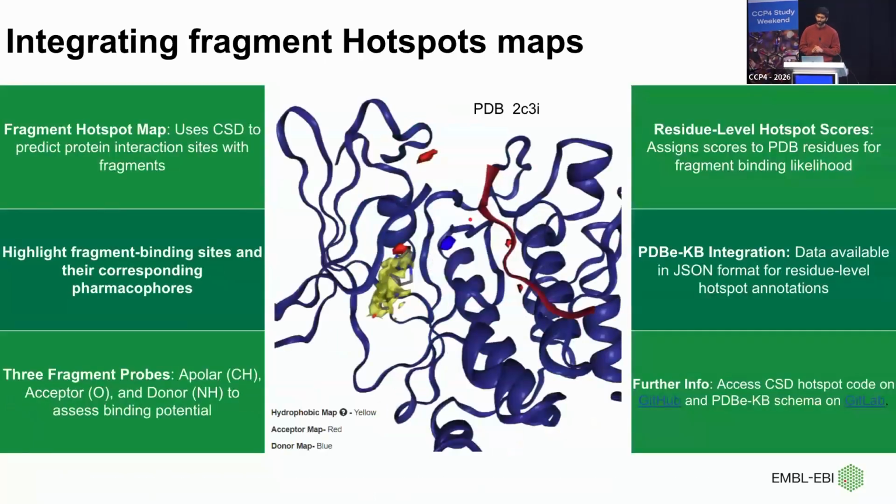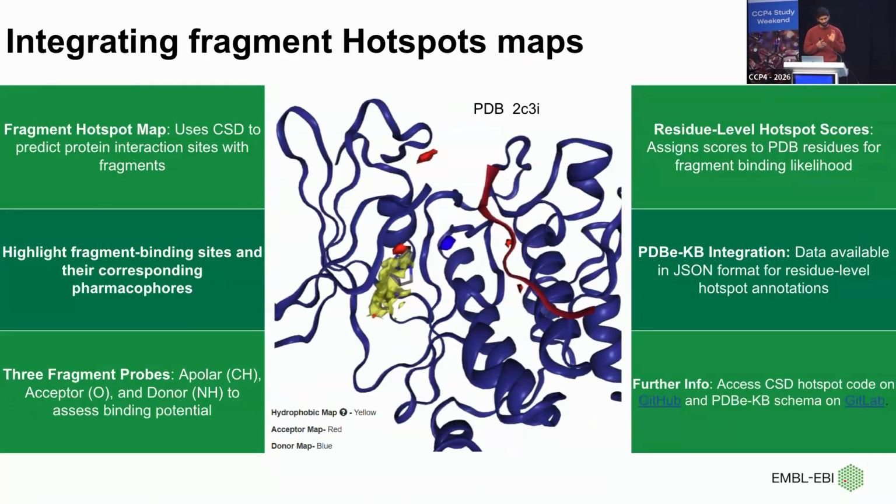One piece of work we also did was integrating the fragment hotspot data. This work was done at CCDC. They developed a pipeline to identify areas where a ligand is most likely to bind. The idea is to take a structure and run a pocket identification algorithm.